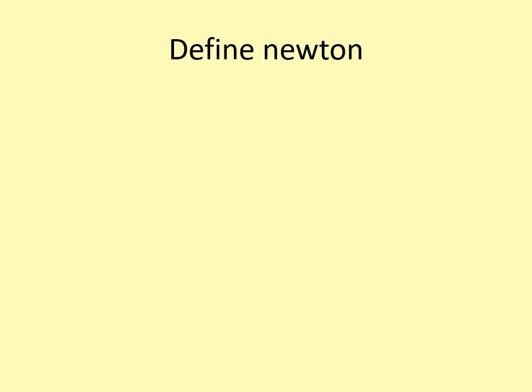Now, before we go on and try some mathematical questions, let's define Newton. They can always ask you to define 1 Newton. So when we look at the equation for force that we have studied just now from Newton's second law, we know that F = ma.